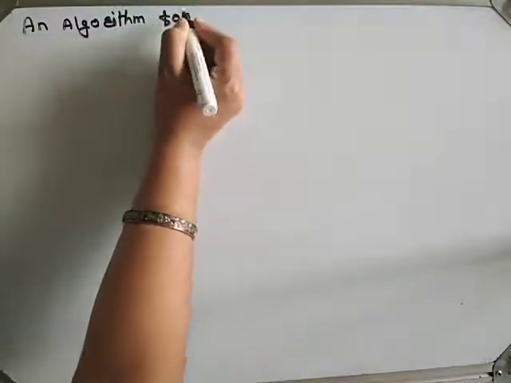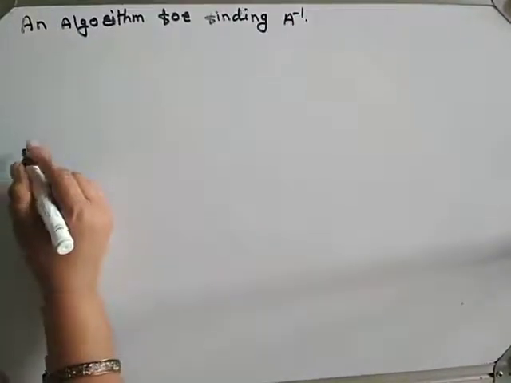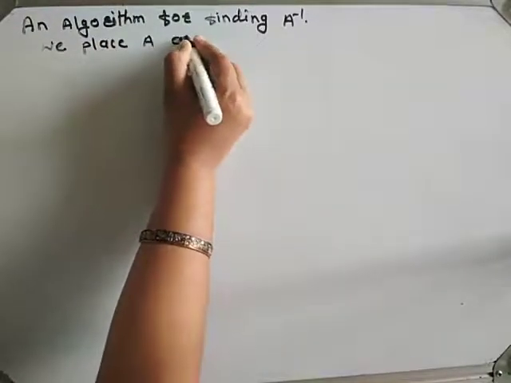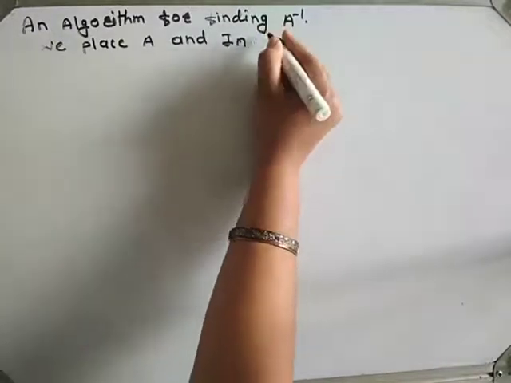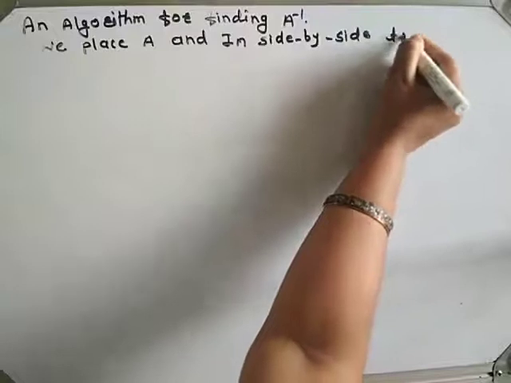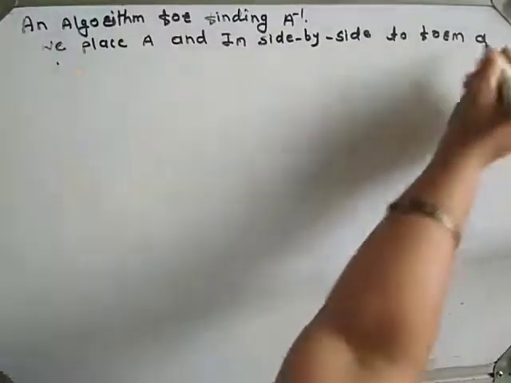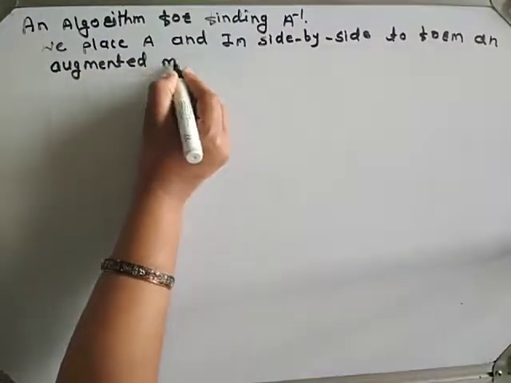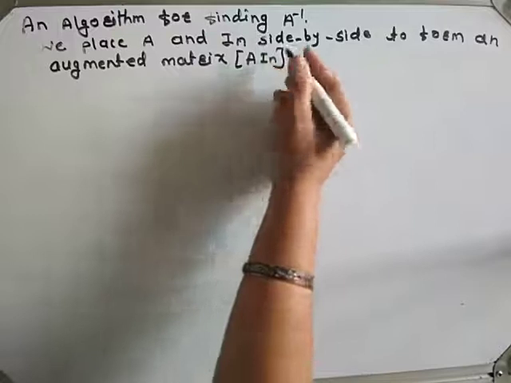We place A and In side by side, where A means matrix A and In means the identity matrix of order n, to form an augmented matrix [A | In]. This is the augmented matrix.